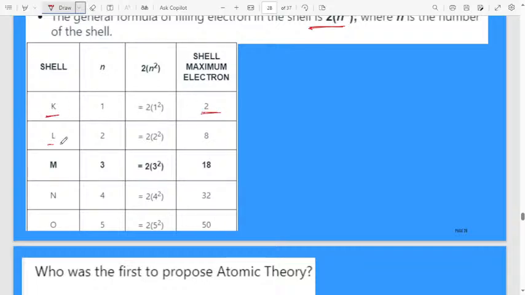When the shell is L, maximum number of electrons is 8. M shell, maximum number of electrons 18. N 32, O 50. Up to here, K L M N, we will use. The rest we will not study in detail. Normally we have these 4 types, K L M N.